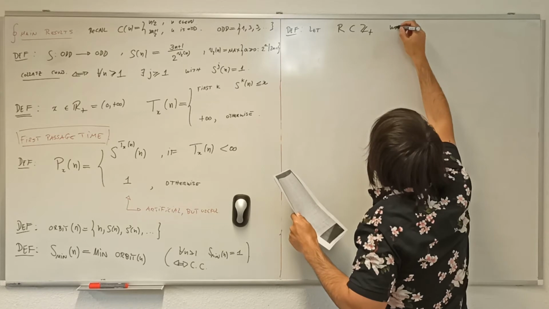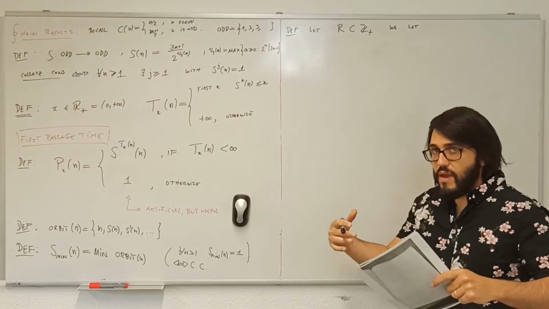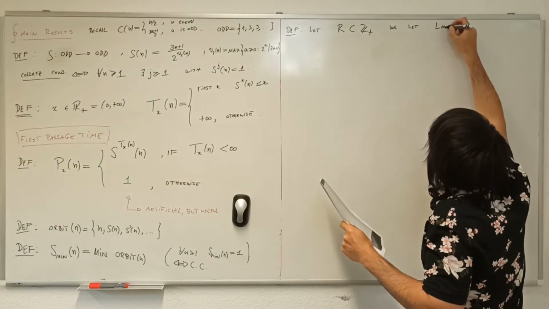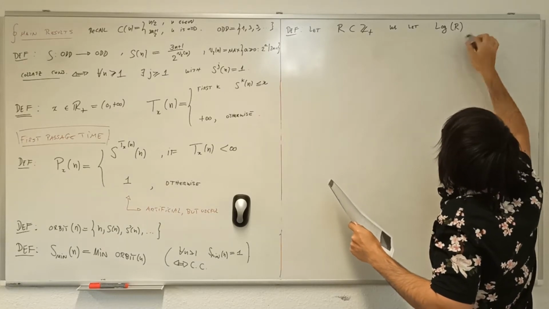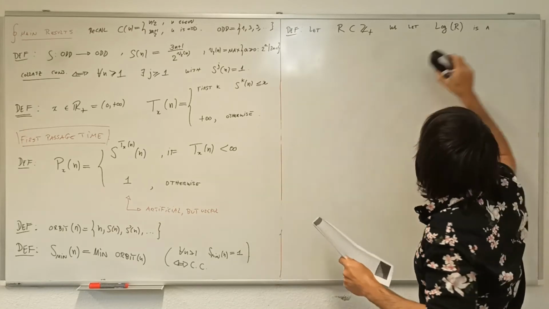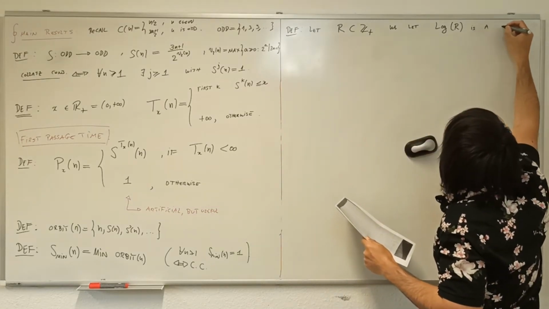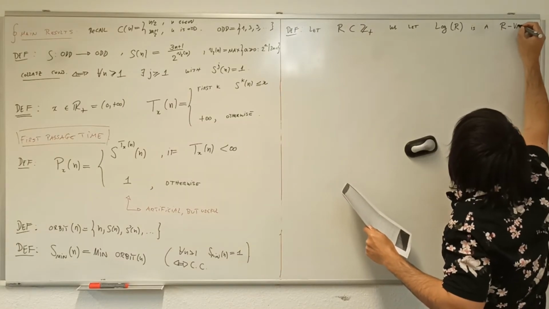And this is customary notation that we use now. Log R, this would be a random variable, is an R-valued random variable.